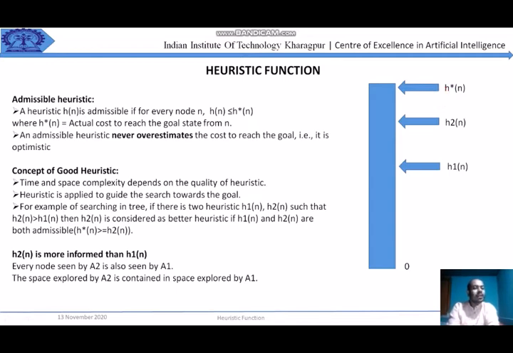Here h2 is closer to h star, so h2 is a better heuristic than h1. We can say that h2 of n is more informed than h1 of n. So we can conclude that every node seen by A2 is also seen by A1, so the space explored by A2 is contained in the space explored by A1.